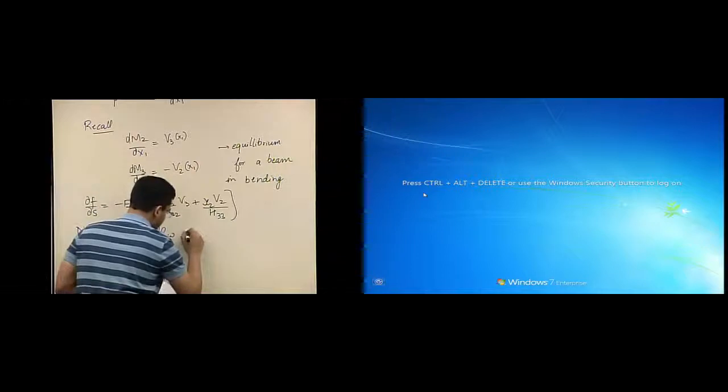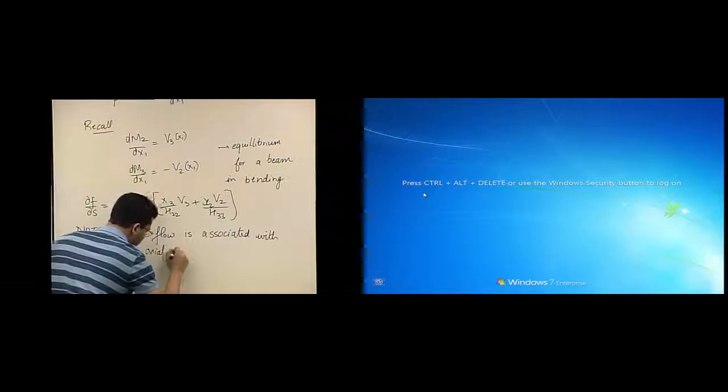So the shear flow is associated with the axial stresses due to bending.